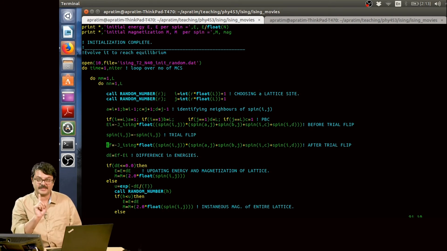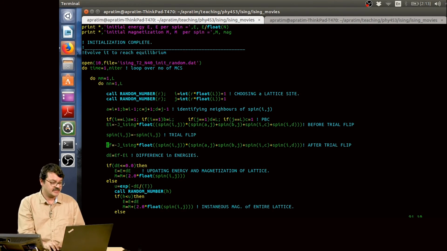So, I am talking about the spin i j and its 4 neighbors, right. So, E i stands for initial energy, E f for final energy after the trial spin flip, and here you calculate the difference in energies dE equal to E f minus E i.